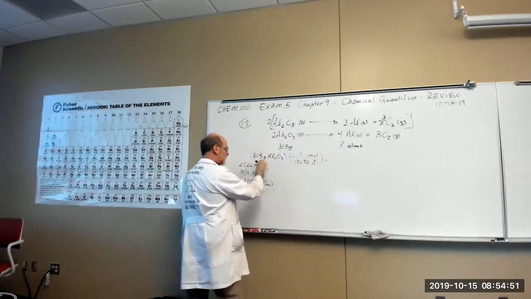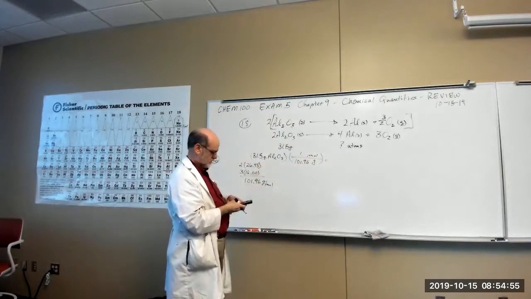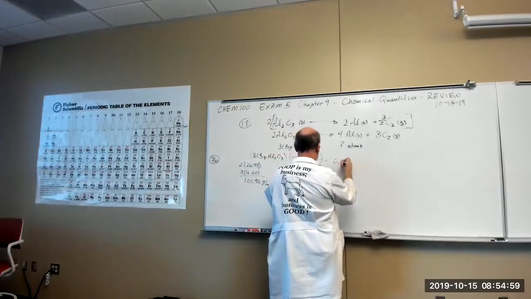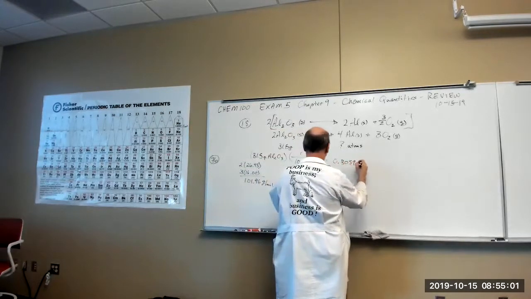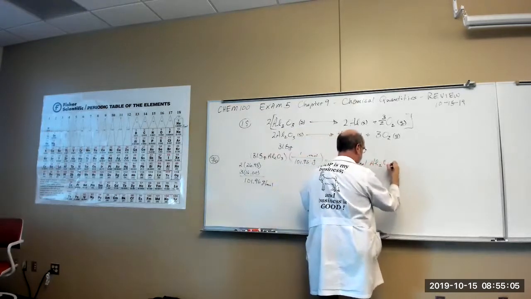So we divide this into that, and I get 0.3089 moles of aluminum oxide.